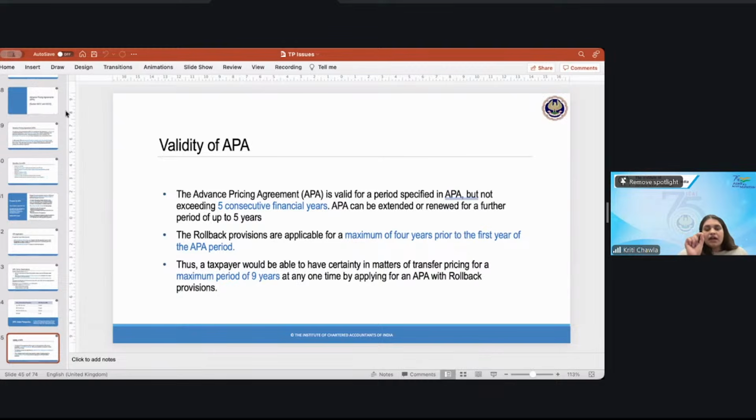So in India, what is the maximum period for which you can get an APA? It's actually 9 years. How 9 years? You can get it for 5 years going forward, and then for 4 years going backward also. Going backward is called the rollback provision. So in India, we have rollback provisions for 4 years and going forward provision for 5 years. So you can get tax certainty at one point in time through an APA for a maximum period of 9 years.